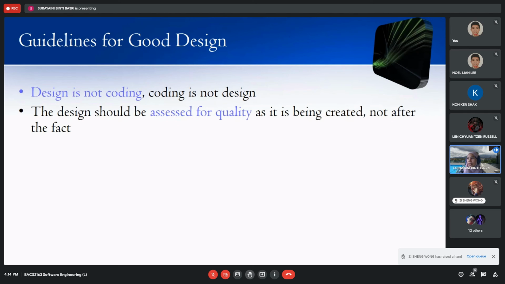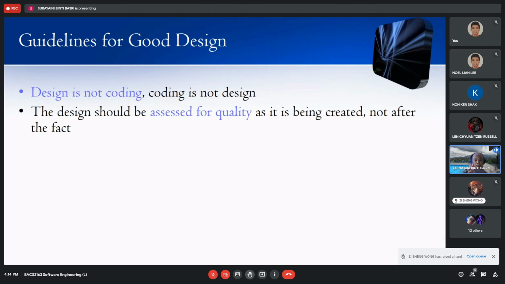The second guideline is the design should be assessed for quality as it is being created, not after the fact. Meaning to say, that's why we learned the four quality metrics just now, because we need to make sure our design already follows all of those four qualities.